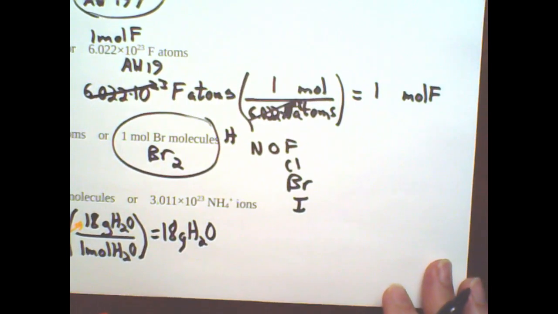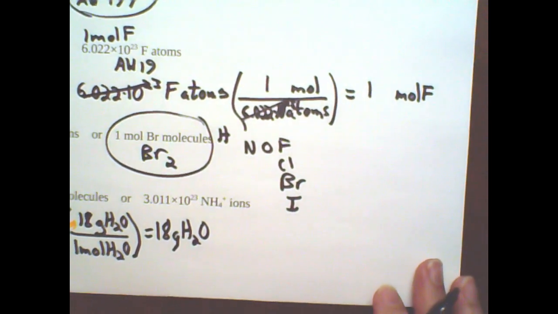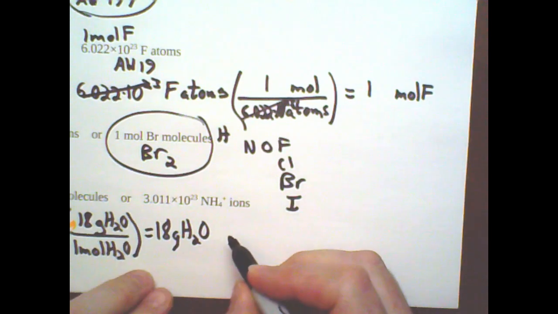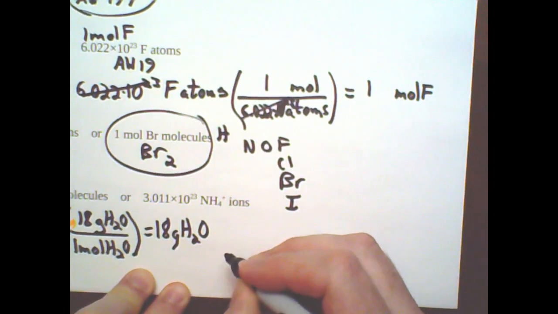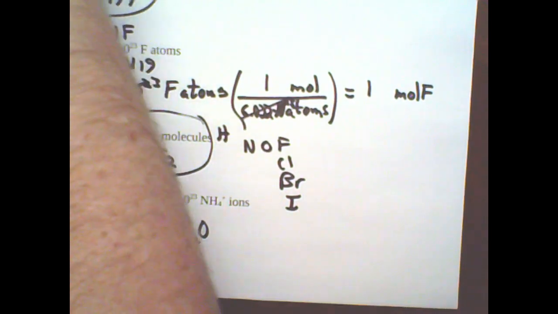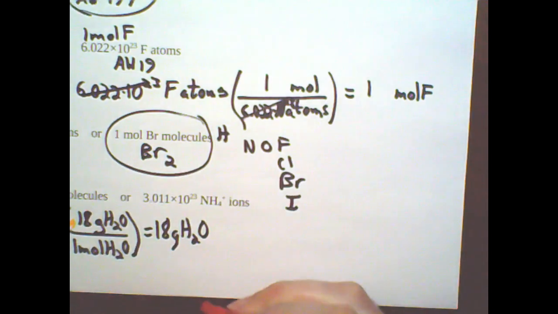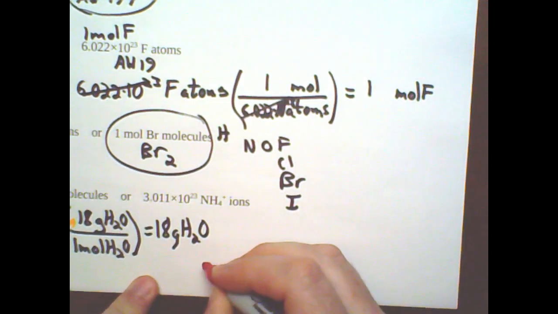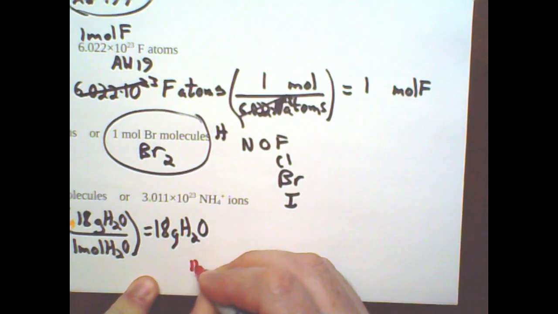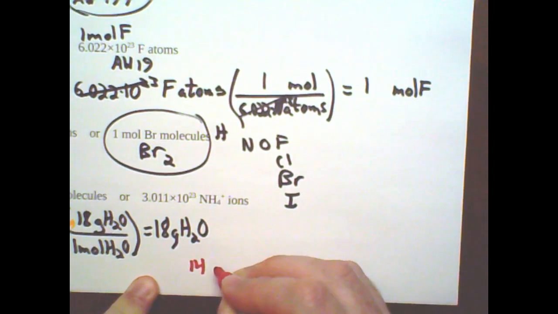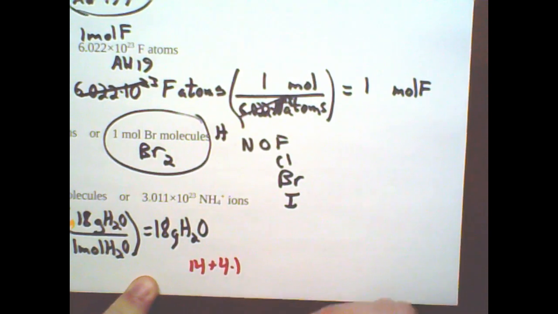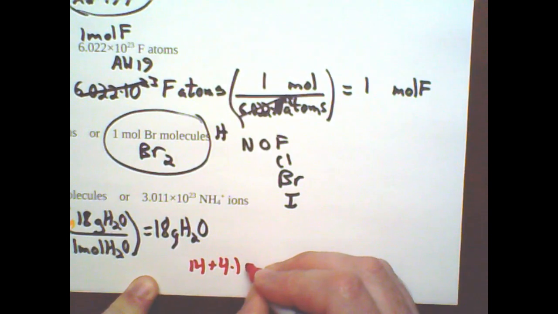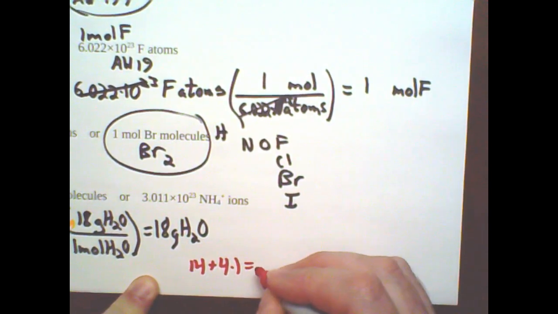Let's look at the ammonium ion right now. Ammonium has a mass, nitrogen is 14 grams per mole, plus 4 times 1, because hydrogen is 1 gram per mole.